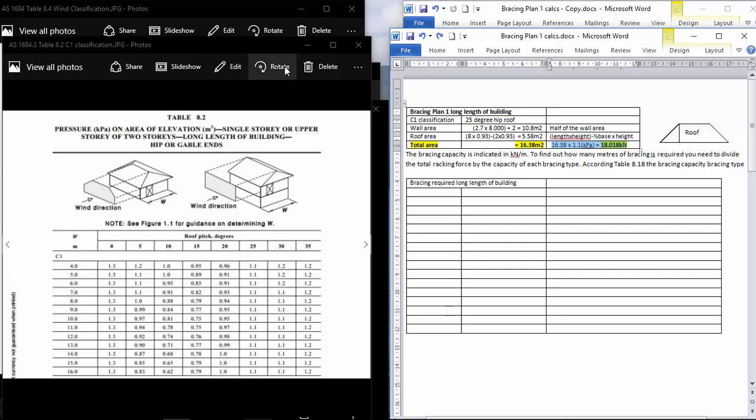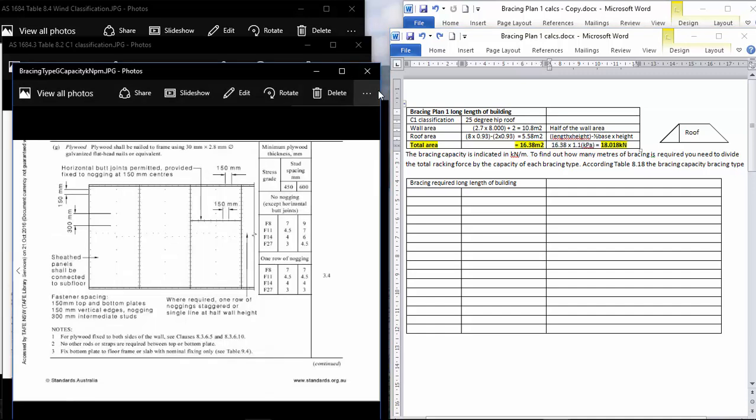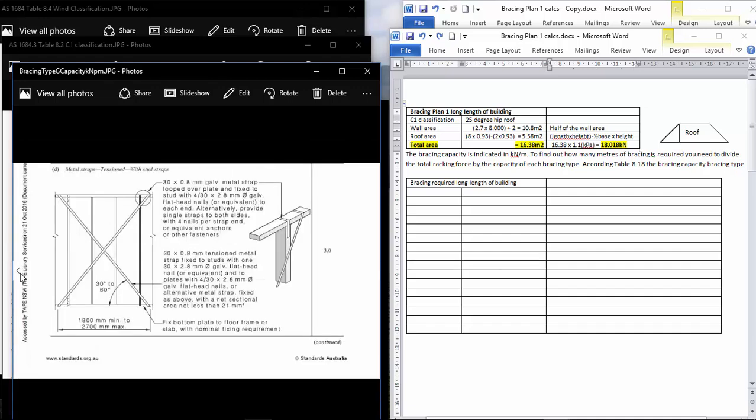Now what we'll do, we'll look at some bracing. There we go, we have some bracing here. Now the following are bracing types and the ratings for a maximum wall height of 2.7 metres.